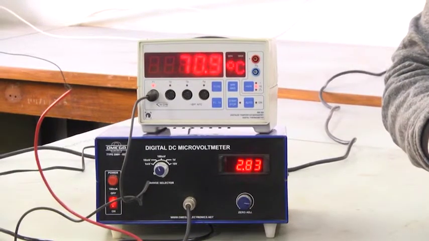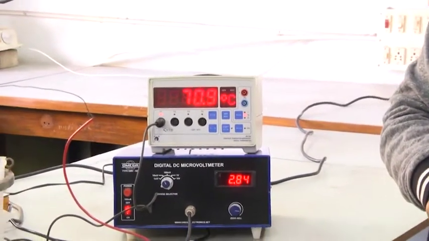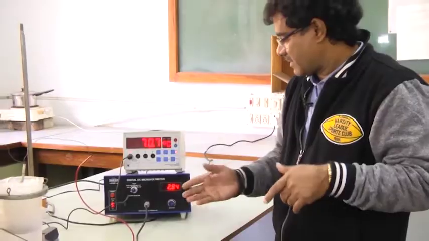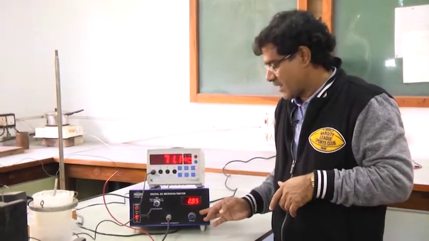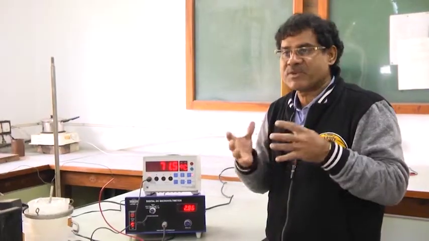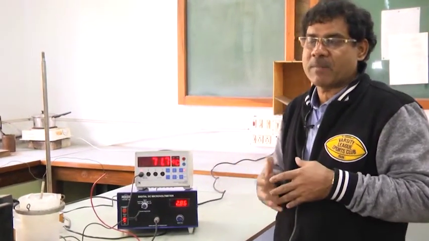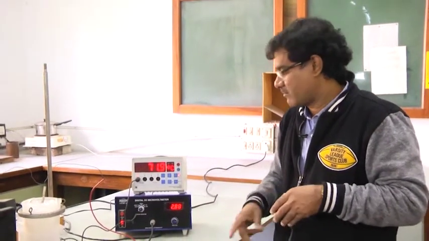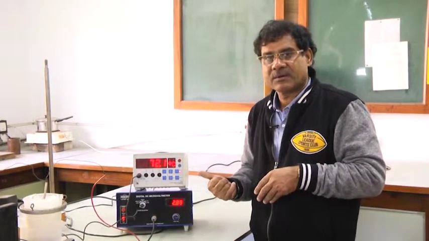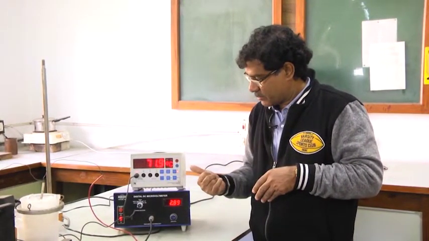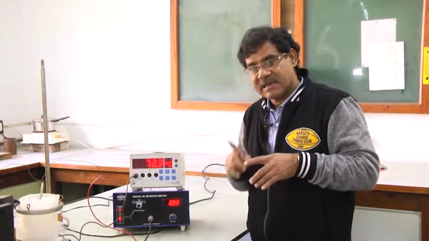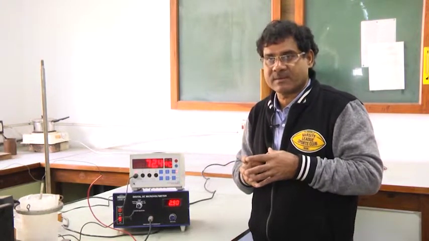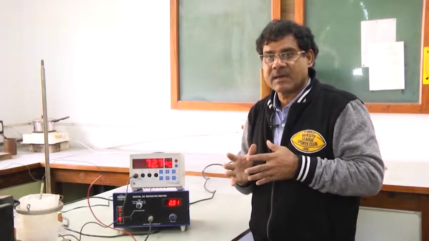So for unknown temperature, you now have to put the hot junction in that unknown place where you want to measure the temperature, and then note down this reading, and then from graph or chart or, if it is linear, from calibration factor, that is called Seebeck coefficient, you can just convert to the temperature.